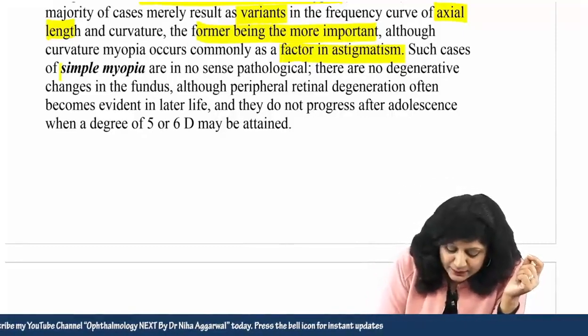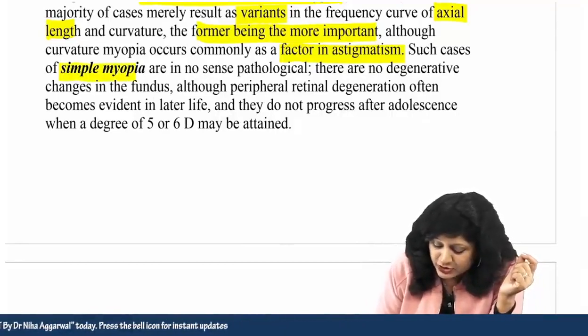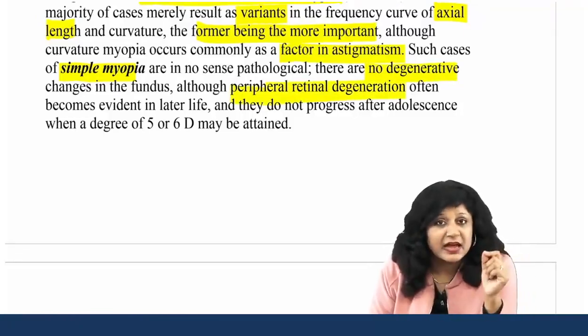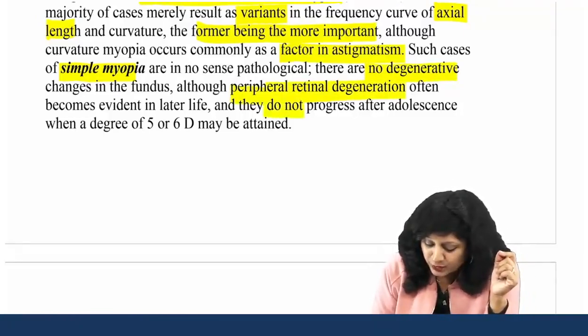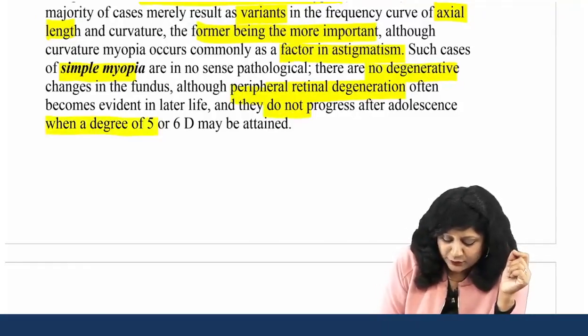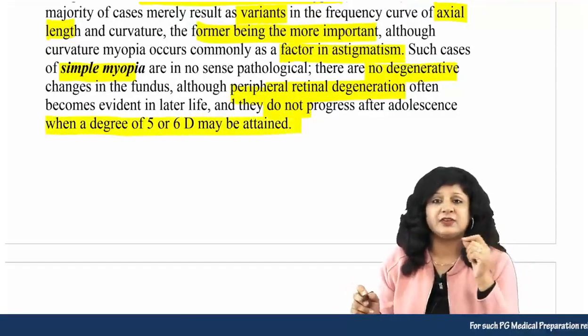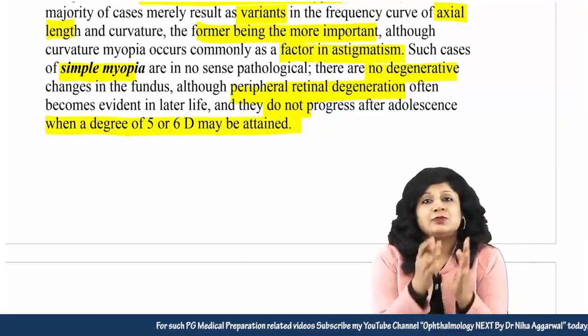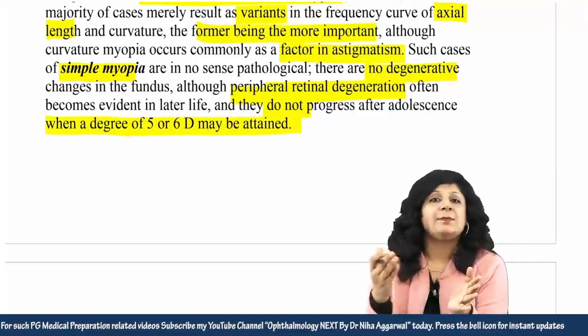Such cases of simple myopia are in no sense pathological. There are no degenerative changes, although peripheral retinal degenerations can be evident, but they do not progress after adolescence, when a degree of 5 to 6 diopters may be attained. So they have clearly mentioned that there is a whole lot of difference between simple myopia and pathological myopia.